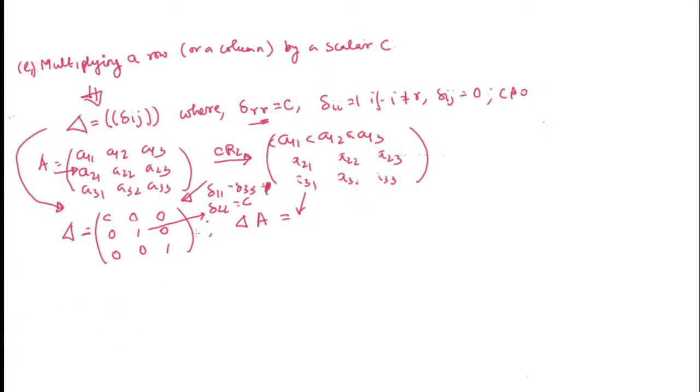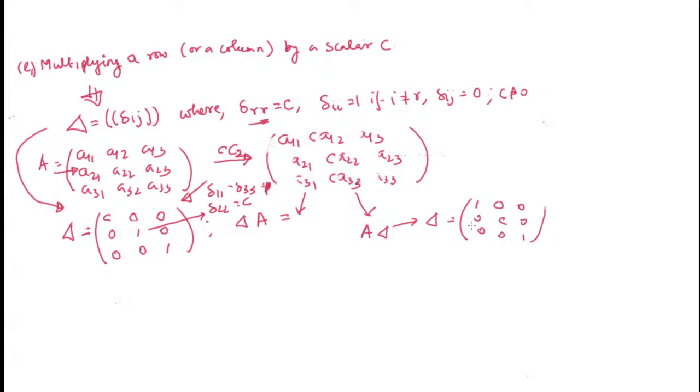Okay, so if you apply these on row, suppose you want to apply this on column, that is C into C2, so we just post multiply A by delta, where delta in that case is 0 0 0 C 0 0 0 1 and so on.